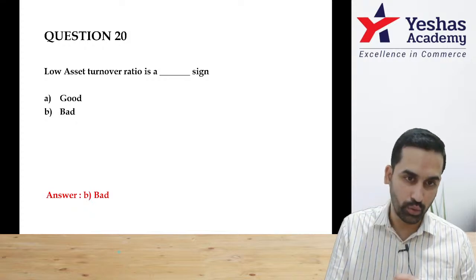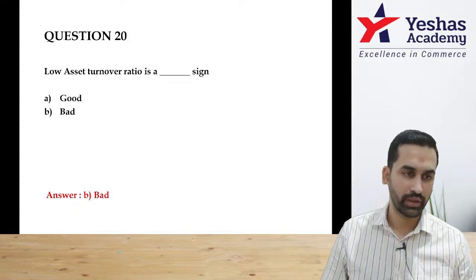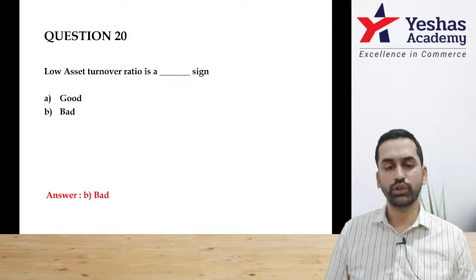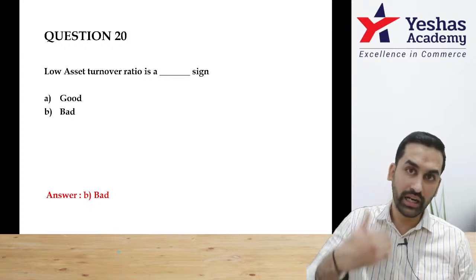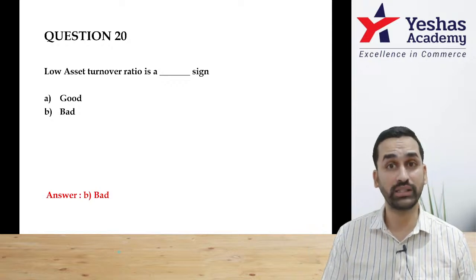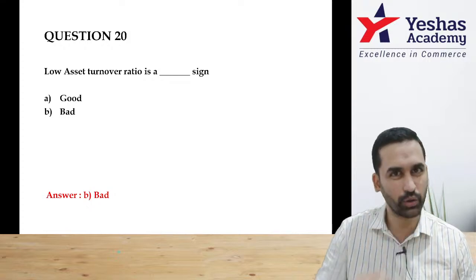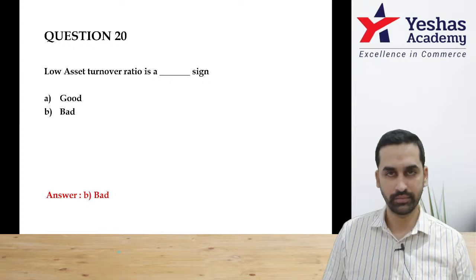How much turnover are we generating from each rupee of asset? Shouldn't that number be very high? High number means you are generating more turnover from each rupee of asset. And here they say low asset turnover ratio. That means from 1 rupee of asset you are generating very less turnover. That's not a good indicator, sir. Bad sign it is.